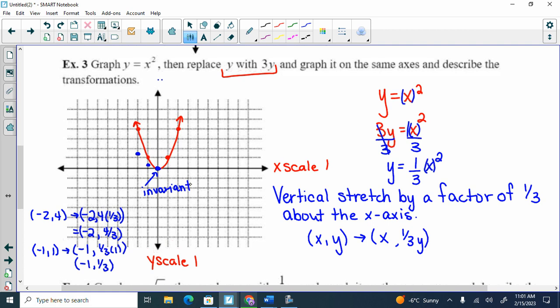And then because you're quadratic symmetrical, this is going to go down to 1/3, and this is going to go down to 1.333. And we get this graph. So actually, if we have a really small stretch factor, it makes the graph wider. If we have a really large stretch factor, it's going to make my y's grow really fast, so it's actually going to make it look narrower.